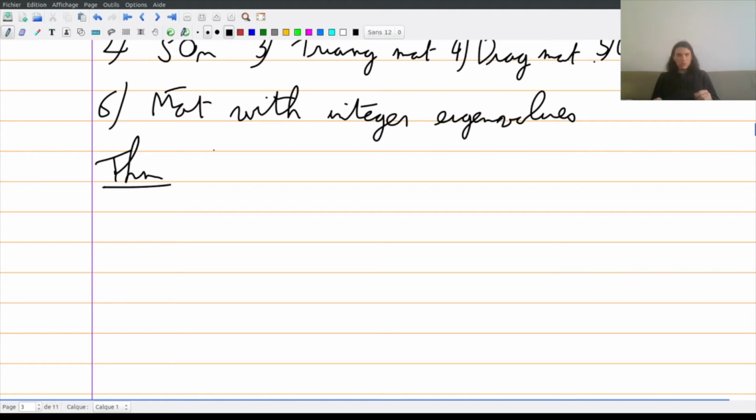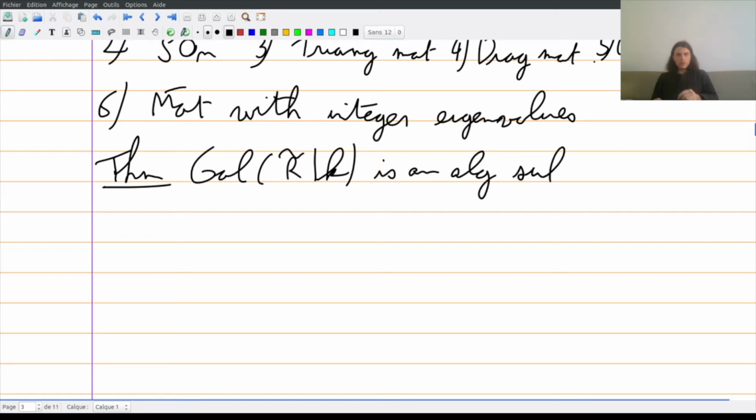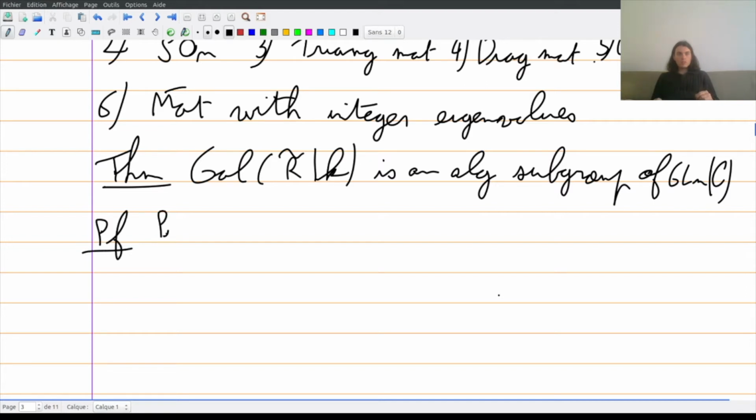So the Galois group is an algebraic subgroup of GLn of C. So let me prove it in the case n equals 2.